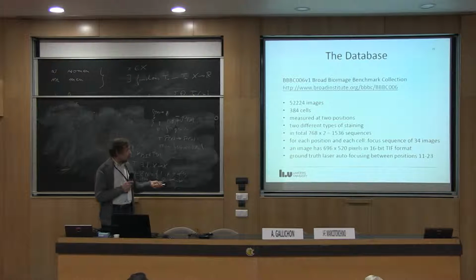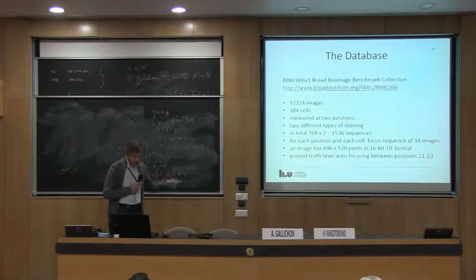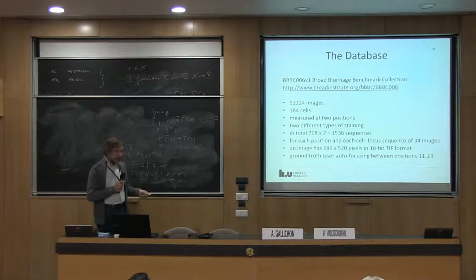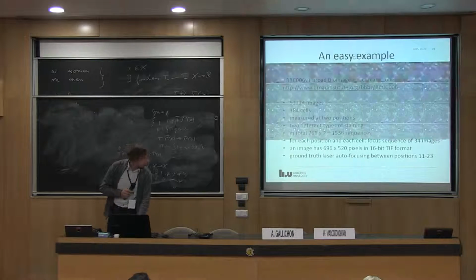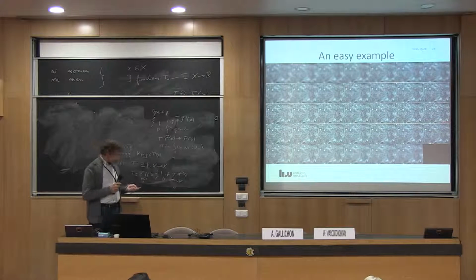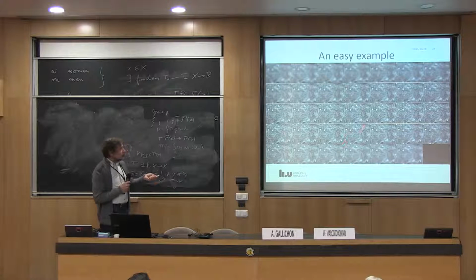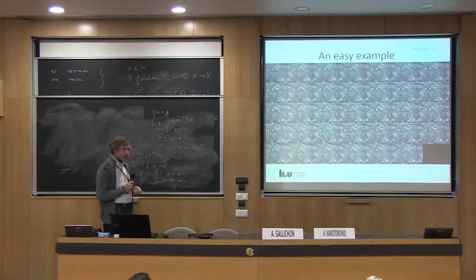That's the way these sequences were produced. First they get a focus result from these laser instruments, and then they take images up and down. So this is the standard database. And this was an example, a really good and easy example to see where the focus is.